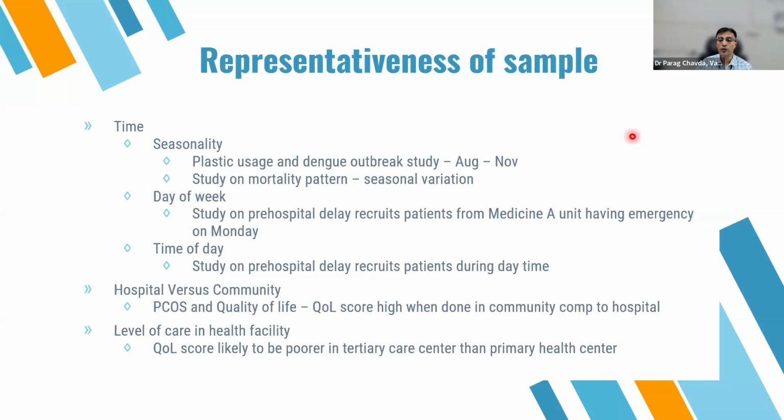So if your guide belongs to a unit which has emergency on Monday, and if you decide that all of your patients for this particular study, pre-hospital delay, are going to be recruited on Monday, the picture is likely to be very different compared to those people who land up in your OPD on Tuesday, right?